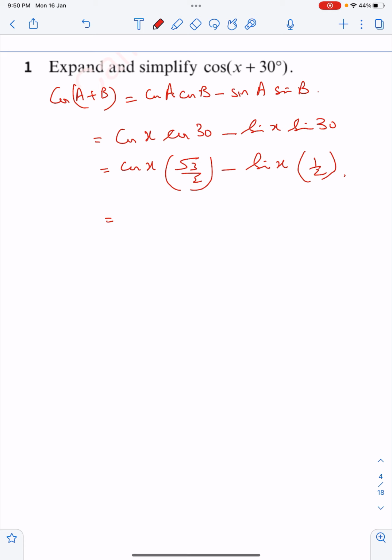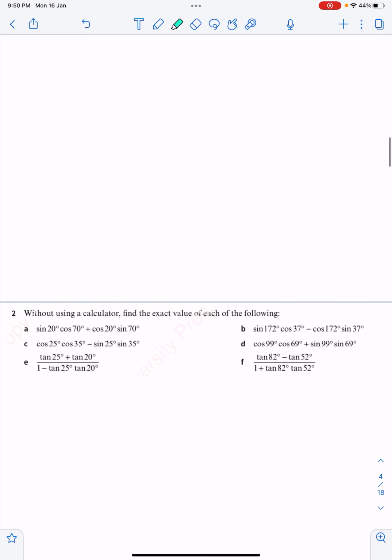So this is going to become root 3 upon 2 cos of x minus half sine of x. So this is the answer. We just have to simplify it, and we can't simplify it any further than this, so we just have to leave it. Moving on to question number 2.